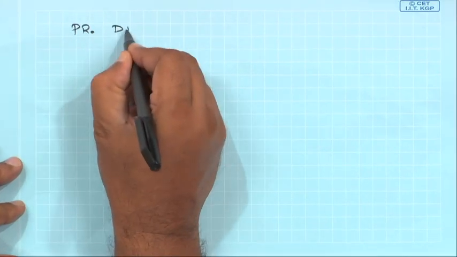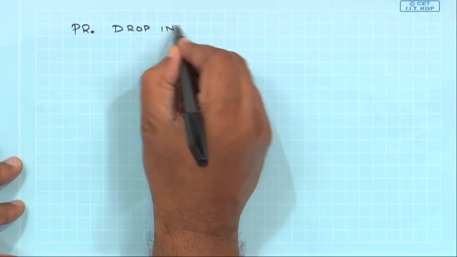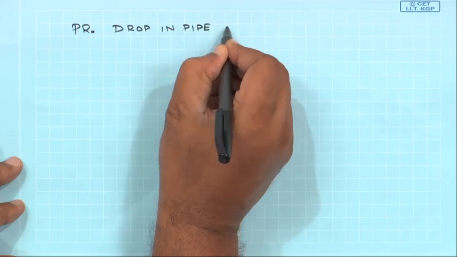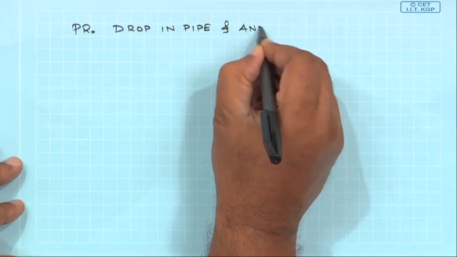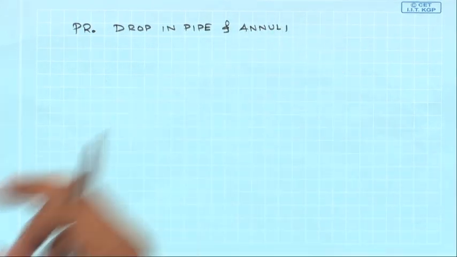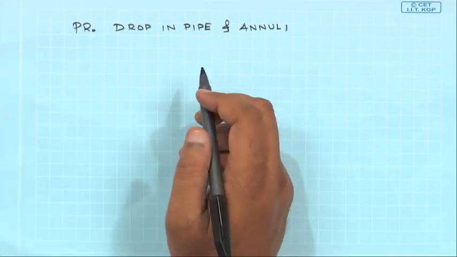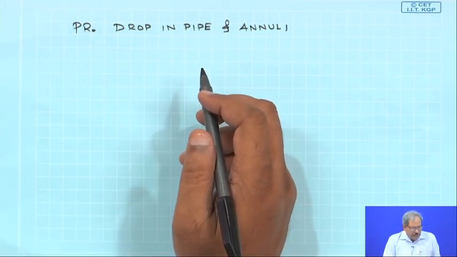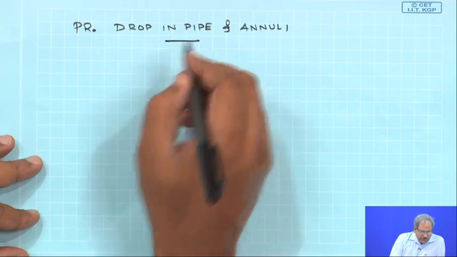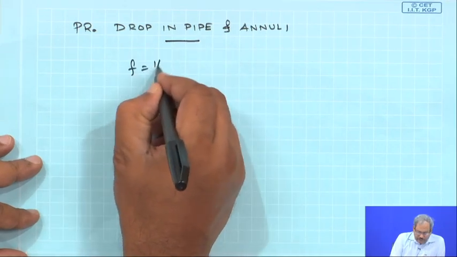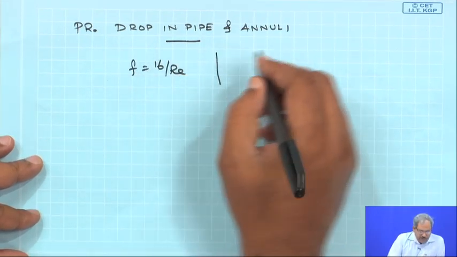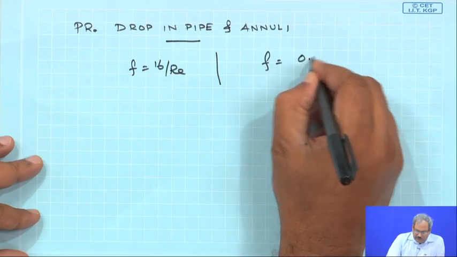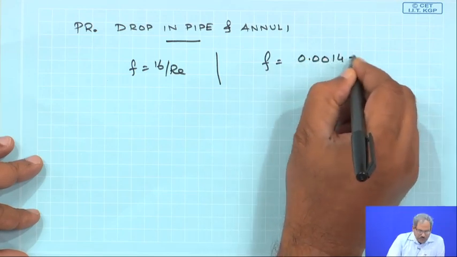So, the pressure drop in pipe and annuli can simply be obtained: f equals 16 by Re if it is laminar, and if it is turbulent, it is 0.0014 plus, and so on.